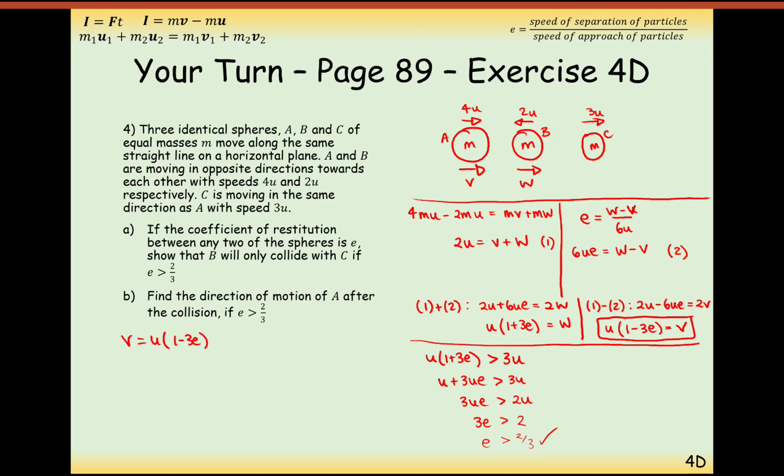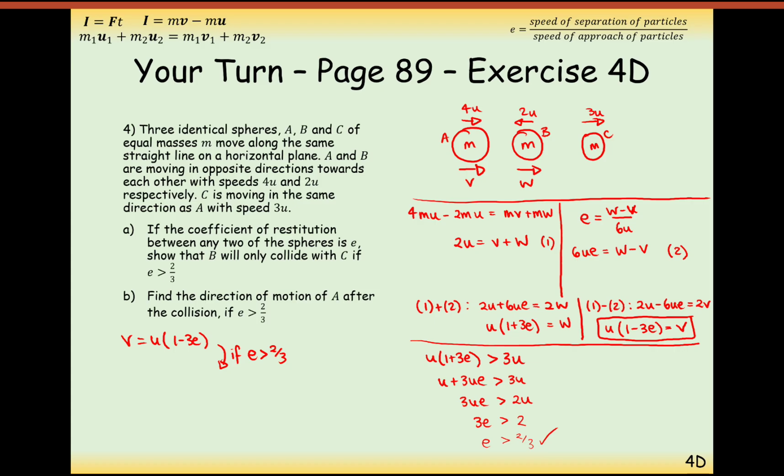So I want to know whether this is going to end up as positive or negative. If E is bigger than 2/3, then if it was equal to 2/3, then it'd be 1 minus 2, which would be a negative. And then any bigger than that would make the 3e even bigger, so it would definitely turn around and be in the other direction.